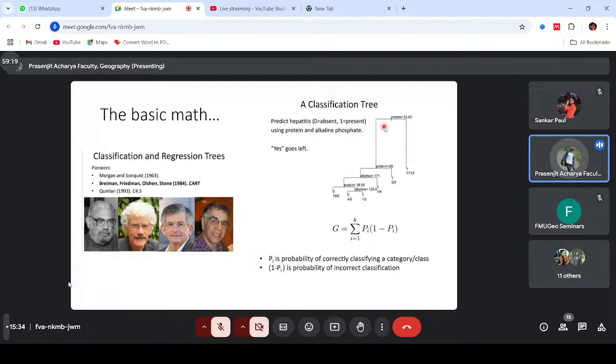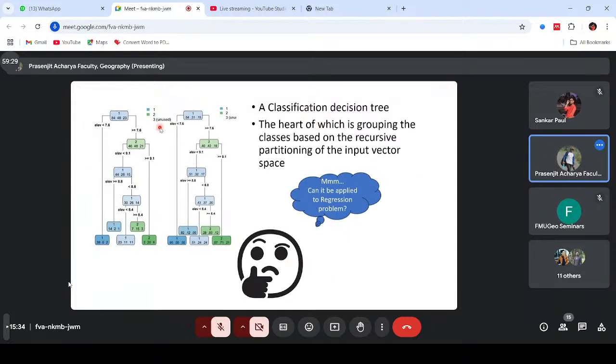So here is an example of elevations and flood frequency. We have three kinds of flood frequency: 1, 2, and 3. One is every year flood, once in 1 year, once in 2 years, and once in 3 years, right? That's the flood frequency that we are trying to map as a function of elevations. I showed you a simple classification tree.